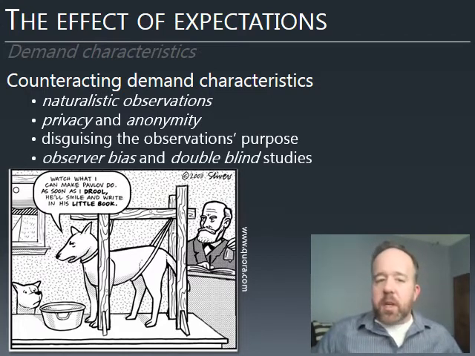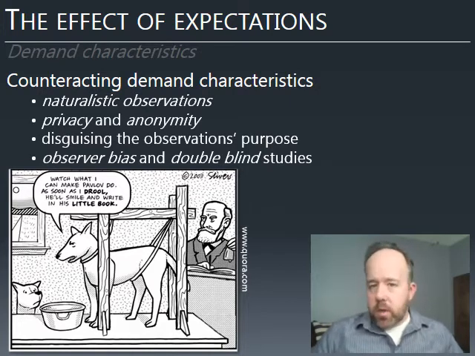Of course, expectations don't just come from the participant. They can also come from the experimenter. So you have phenomena such as observer bias. So the observer, the experimenter, knows what the experiment's about, knows about whether the person is in an experimental or a control group. We'll get to that definition later.